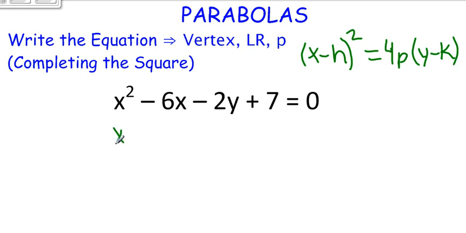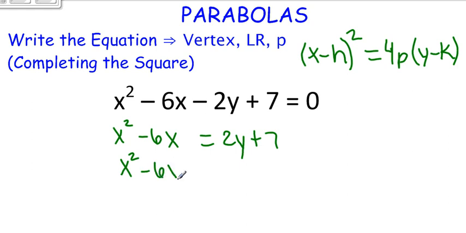So we're going to have x squared minus 6x. And then we're going to kick everything else that's not with our squared term to the other side. So it's going to equal 2y plus 7. We're going to complete the square on the right, so we get x squared minus 6x plus 9 equals 2y.